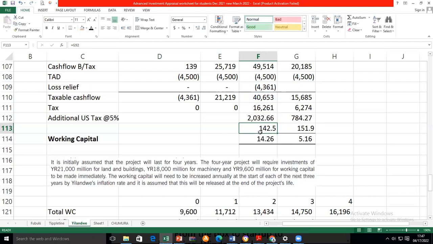Yes, 5%. But this is in what currency? Ireland. Then I use this exchange rate and convert it to USD. This now is in USD. Okay.